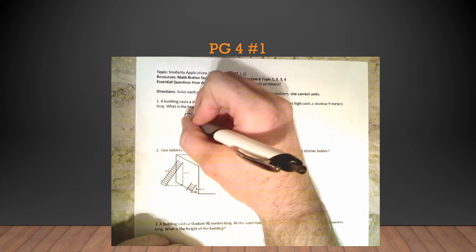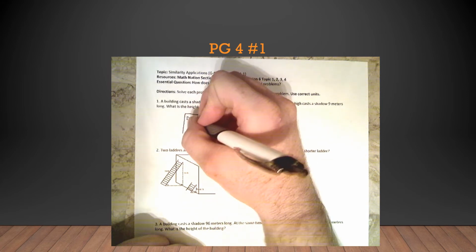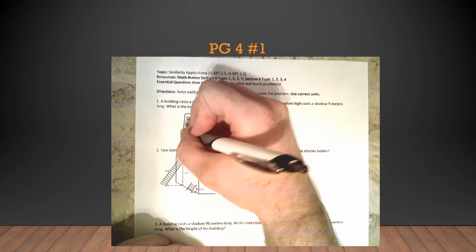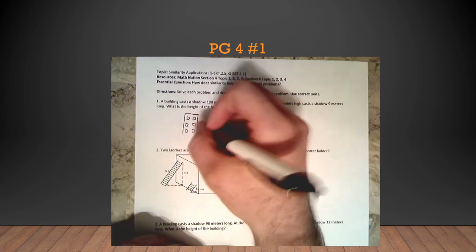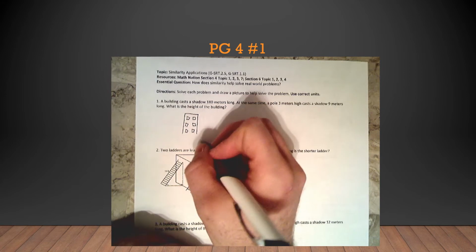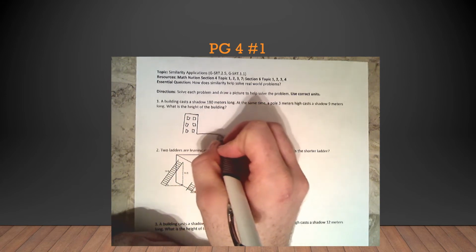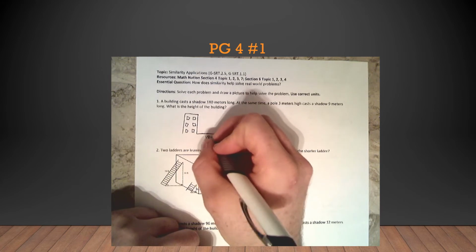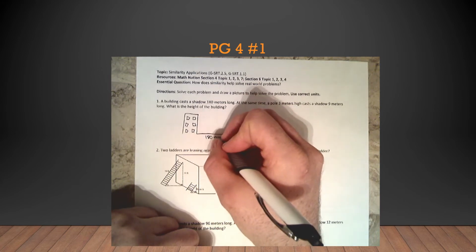First thing I'm going to do is draw a building, and I'm going to make it look fancy for y'all. Now, we don't know the height of this building, but what we do know is that it's casting a shadow that is 180 meters long.